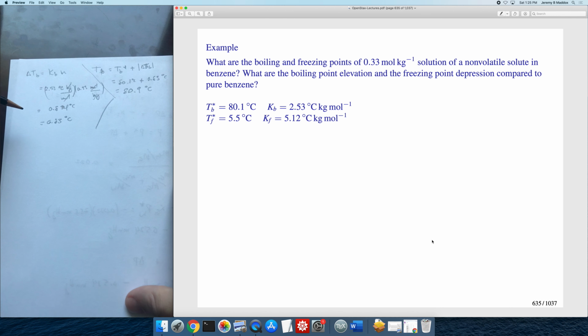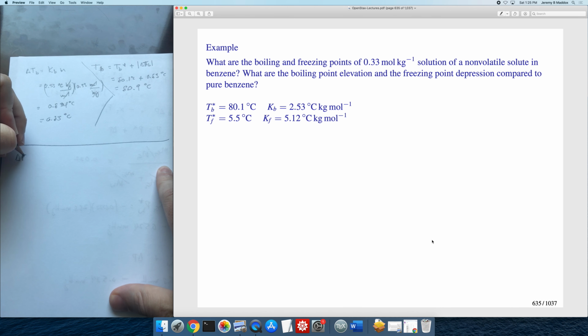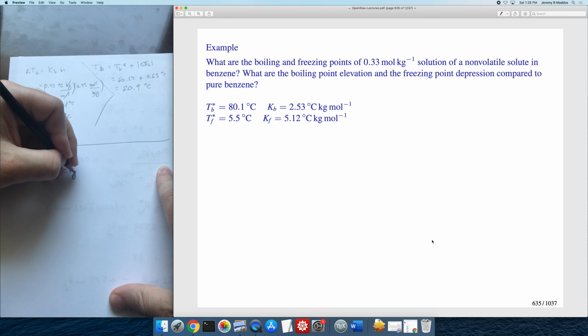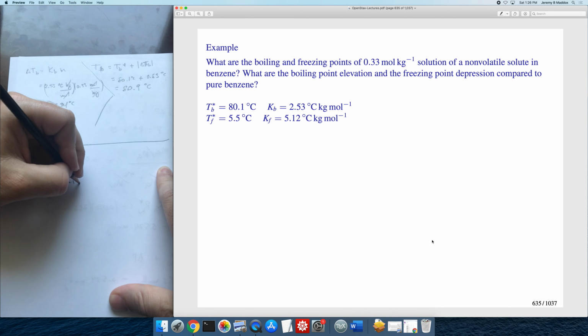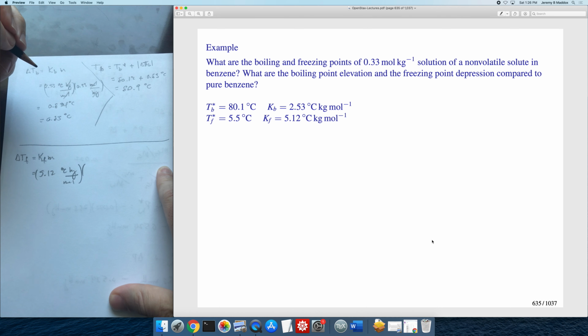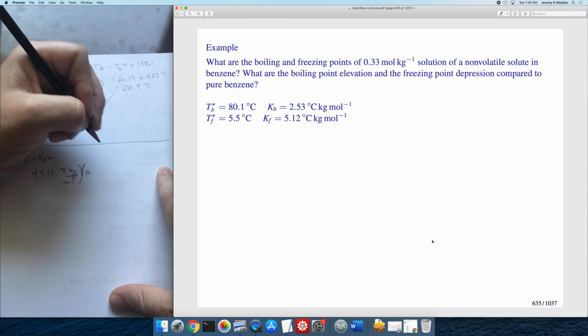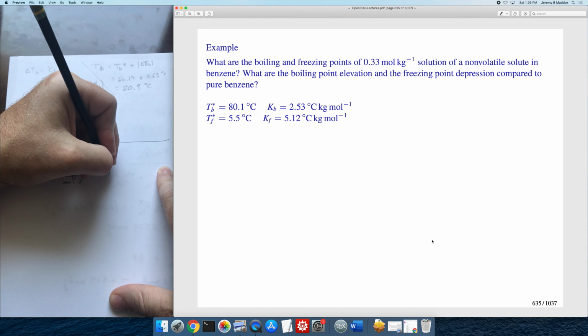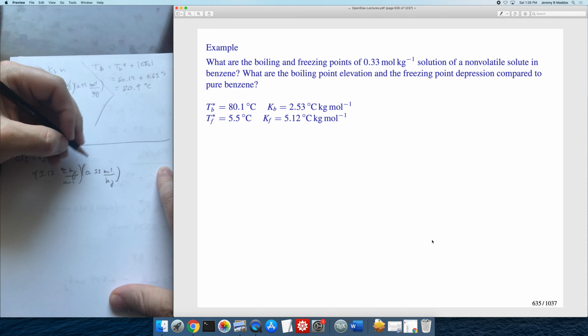Let's compare that with the freezing point depression. So similar formulas. Delta T freezing is Kf times m. Okay, so Kf, you'll notice, is a little bit larger, 5.12. And so the delta Tf is a little bit larger than the delta Tb.